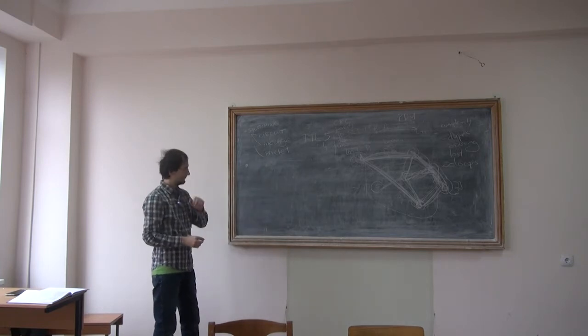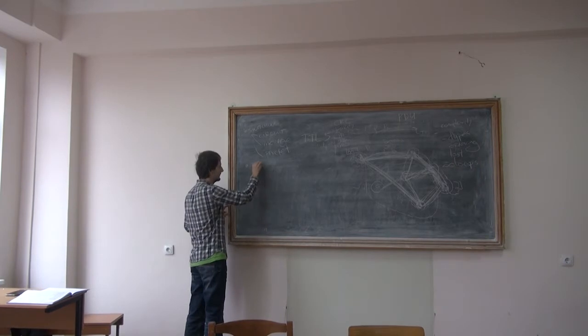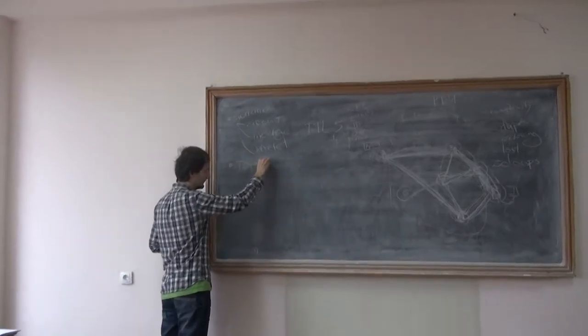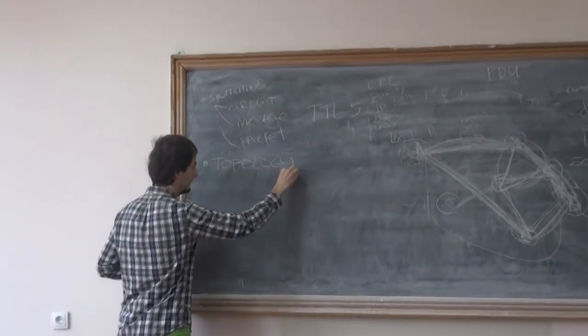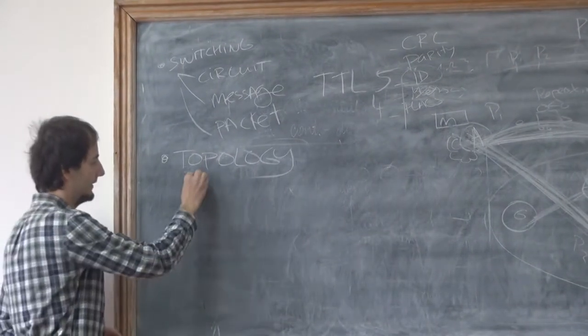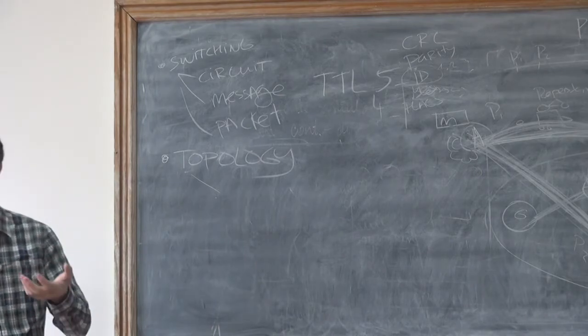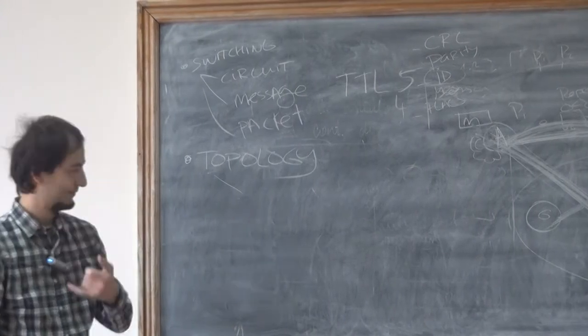We can also see networks using another criteria, which is topology. And this refers to what it looks like logically.